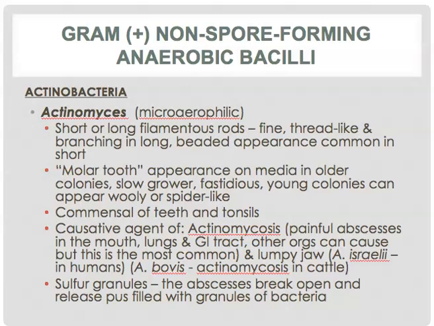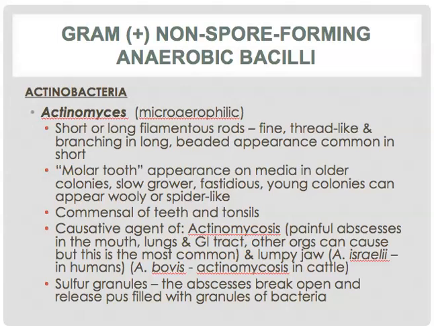Their colony morphology on the plate is referred to as molar tooth appearance in older colonies of Actinomyces israelii. It's a slow grower, it's fastidious. Younger colonies of the organism can appear woolly or spider-like. This one is a commensal of the teeth and tonsils.